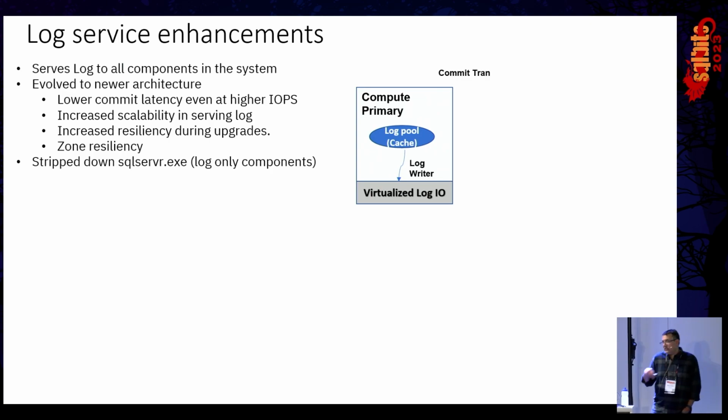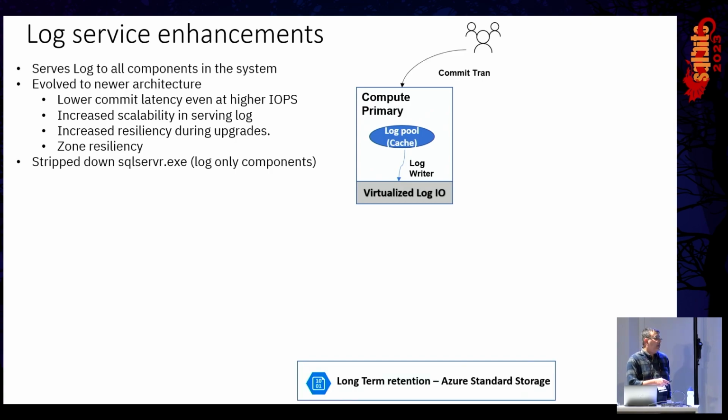Now, what is that log service? We talked about the log service block, but what is that log service under the hood? This serves log to all components in the system. And we have a commit transaction, which is your unit of work when you're doing any DML. Compute writes a commit transaction.